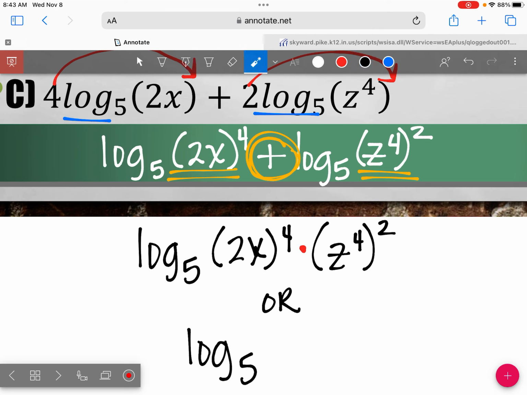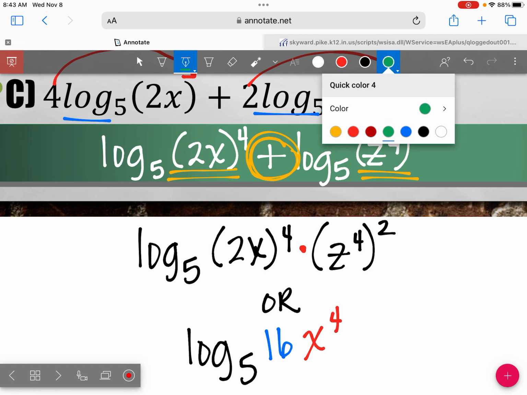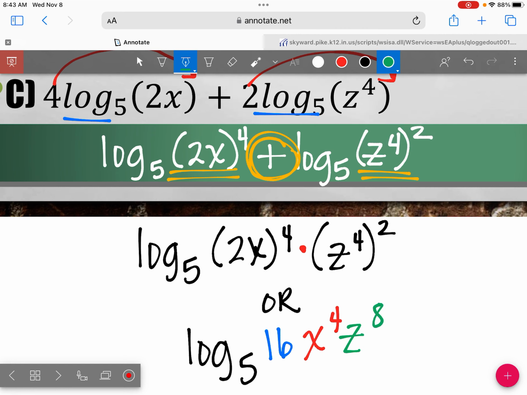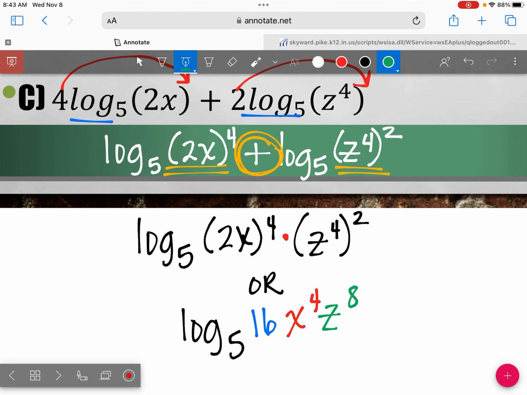And now you're going to take 2 to the power 4. What is 2 to the power 4? 2 times 2 times 2 times 2 would be what? 16. And then we have x to the power 4. And then, like Trayana said, we have actually z to the power of 8. This is the best answer. But I'm not picky. I'll take either one.